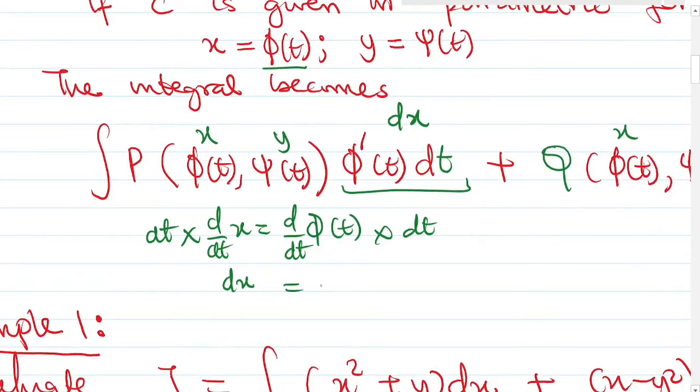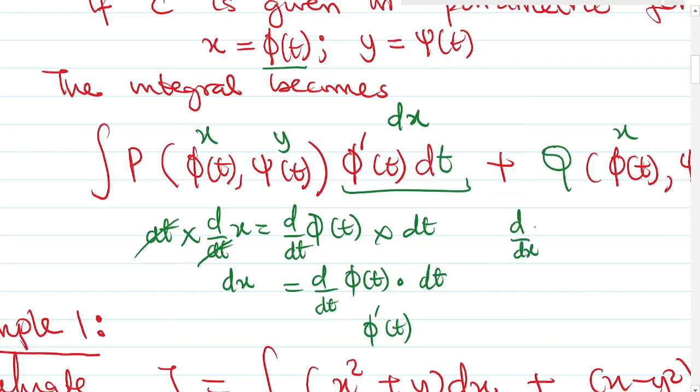You have dx to be, so dt will cancel dt, so your dx becomes d dt of this multiplied by dt, and this can be expressed as phi prime of t. So you are still saying the same thing, just like if you want to say dy dx, you can just say what? Y prime. I hope you understand. That's when y is a function of x, maybe like y is equal to x squared or something. So basically that's what they just did here.